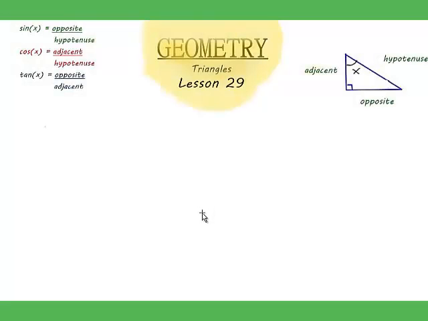Welcome back. Now, if you remember from the last two episodes, we looked at the graphs of sine x and cos x. So in this episode, we will look at the graph of tan x, or to be more exact, y equals tan x.